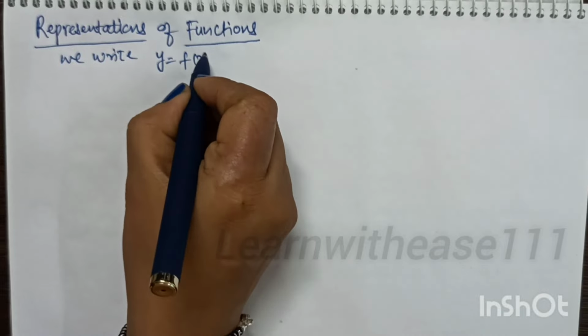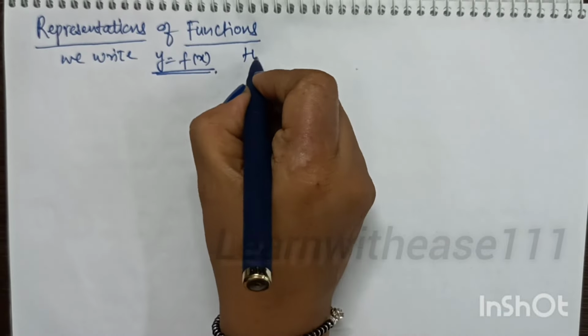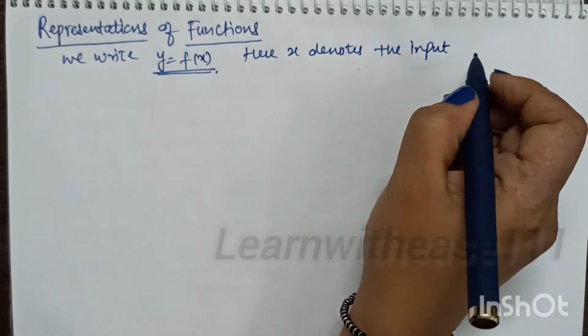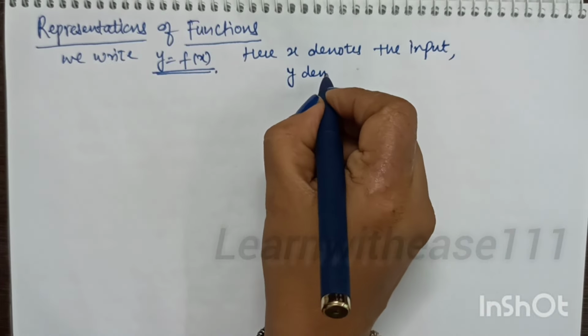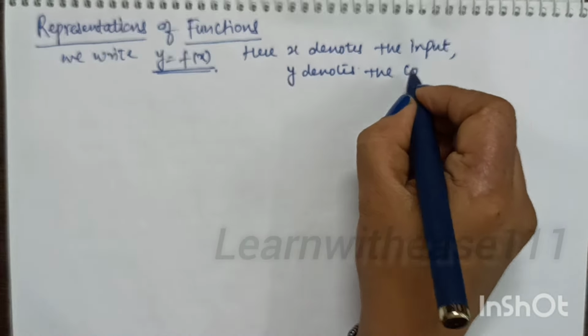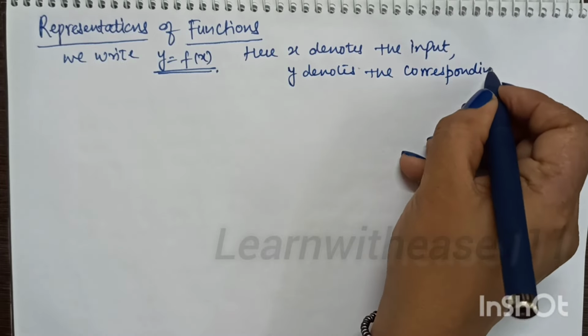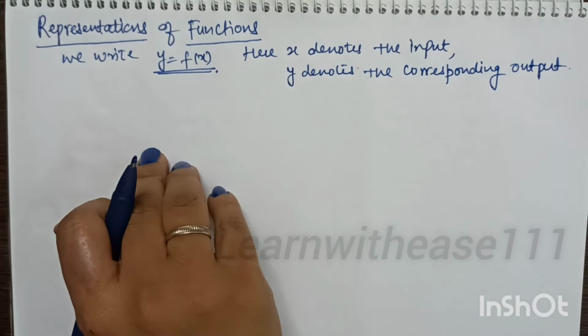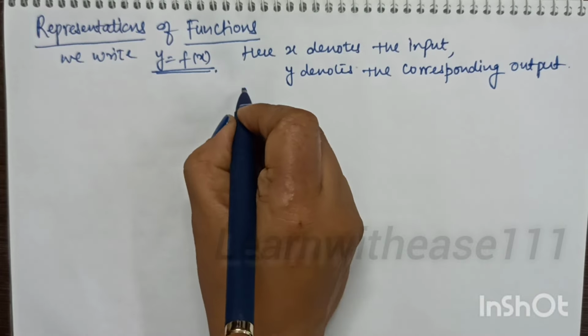So next is about the representations of function, how we write and define these terms. y is equal to f(x) is the notation of a function where x denotes the input and y denotes the corresponding output. It means we substitute the value of x and we get y as the answer.